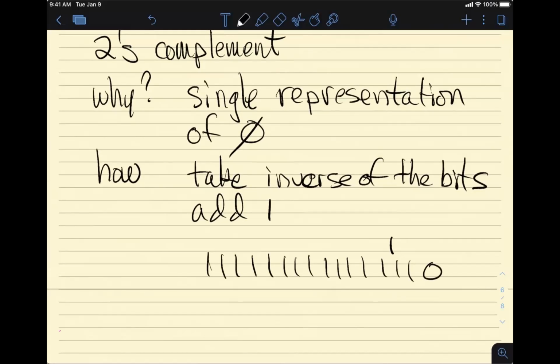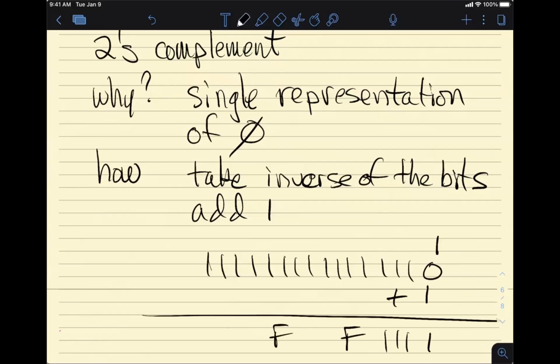I'm going to move this over here. So all the bits in the first case have been flipped. All the zeros are now 1s, and the only 1 is now a 0. Now add 1.